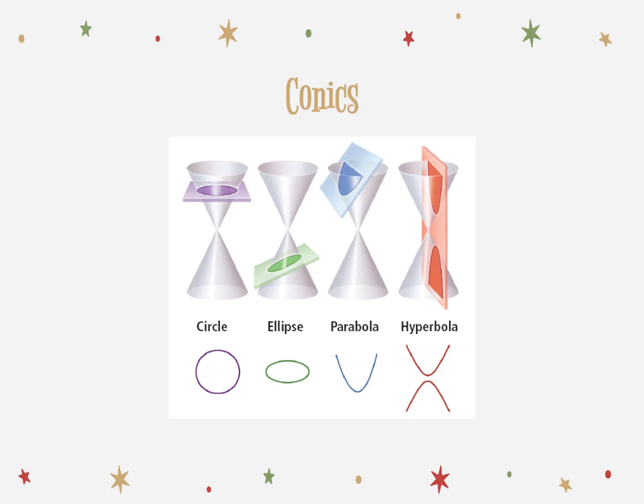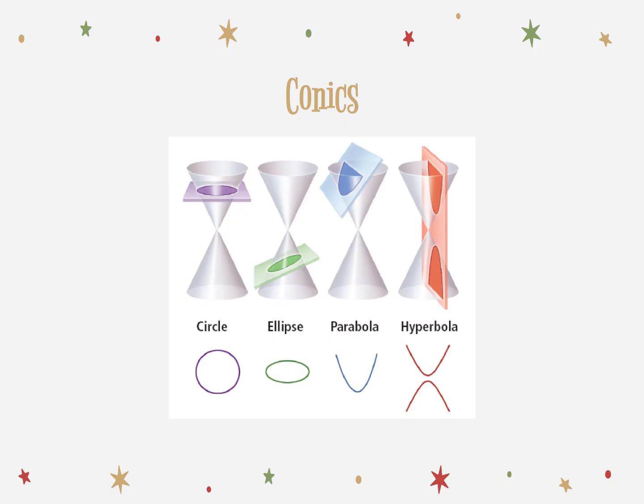If you cut it directly parallel to the base of the cone, as you can see in purple, we get a circle. We've seen equations of circles before. If you slice it at an angle, but still going through the entire surrounding of your cone, you get an oblong shape, this ellipse.